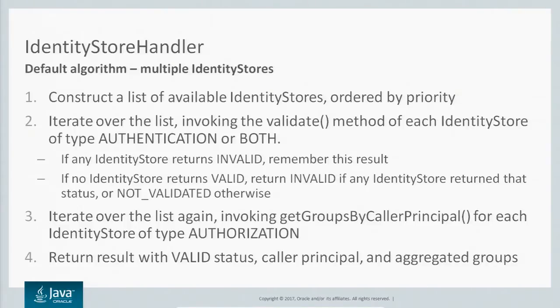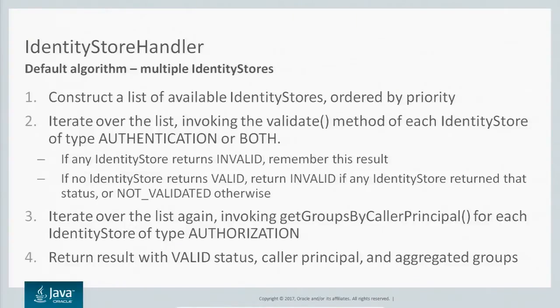I'm still confused because you said for each identity store. If I have one that said valid, only then I go to step 3, right? And then I only have one. No, because the first time we only invoked validate on the identity stores that declared themselves to support authentication or both.